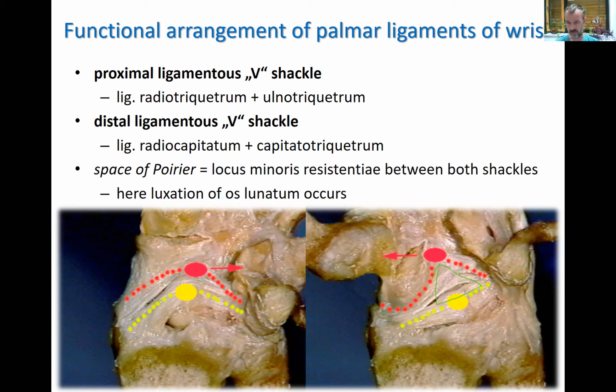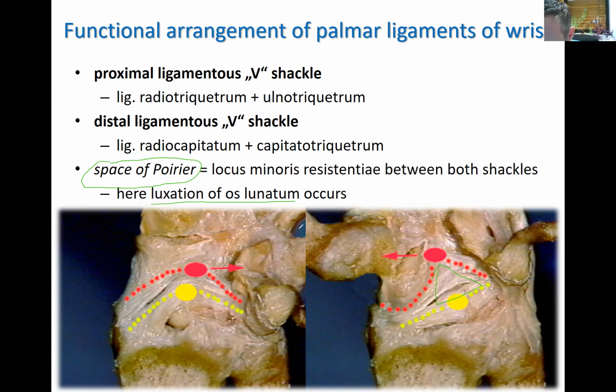And this space which is then left here is called the space of Poirier, and in the space of Poirier is a thinned wall. The connective tissue, the ligaments here, are thinned, and it allows a luxation of lunate.